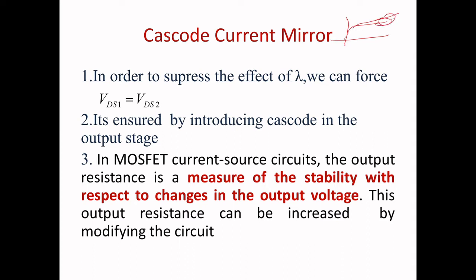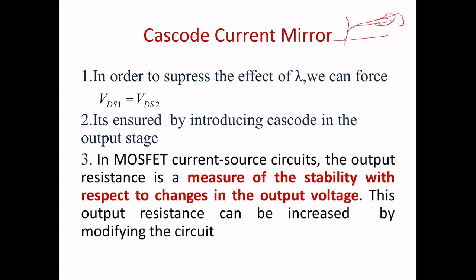As much as possible I want to suppress it by doing a modification. So the next topic is the cascoded current mirror. I am going to modify the existing current mirror and take it as a cascoded current mirror, so that the changes in ID versus VDS can be suppressed.